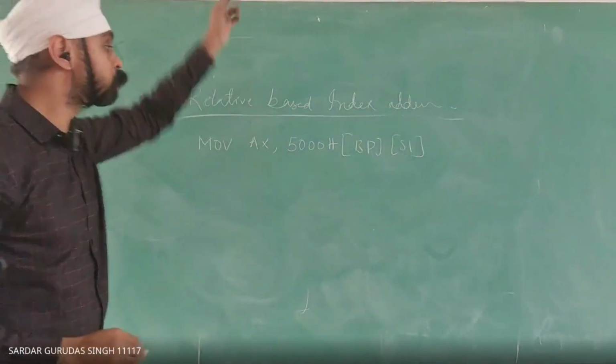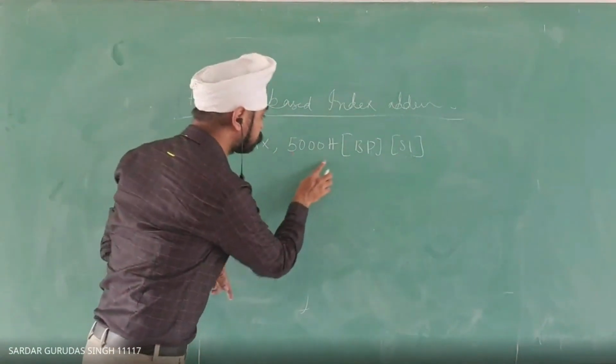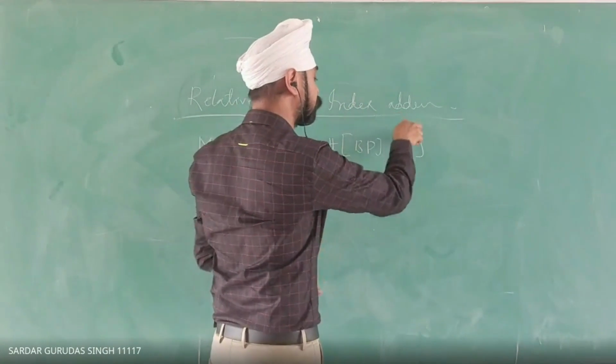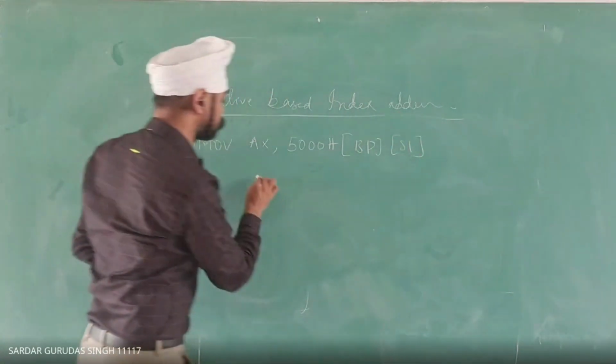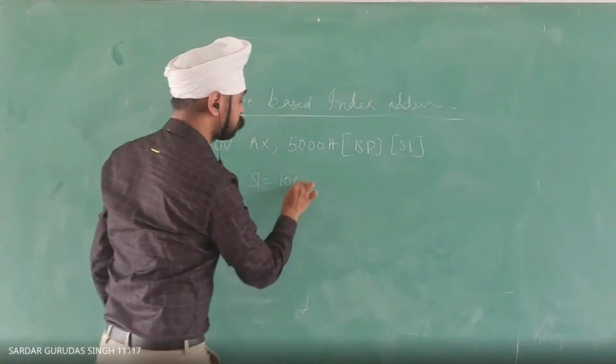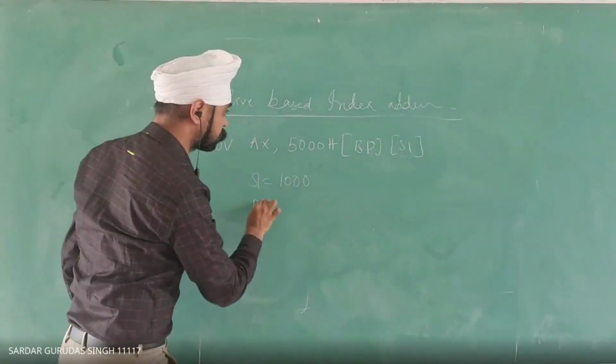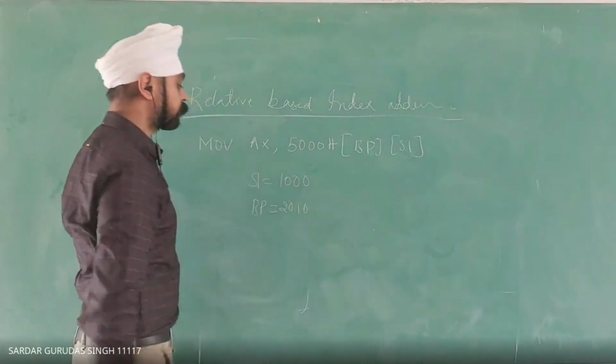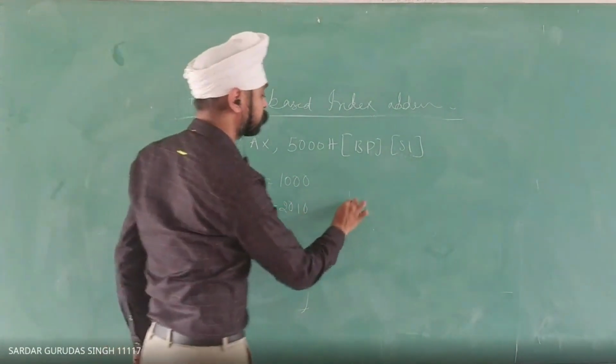See here. What do you need to do now? You need to add the 16-bit displacement with the content of base pointer as well as with the content of SI. Suppose that the content of SI is 1000 and BP is 2010, then how will you calculate the effective address?